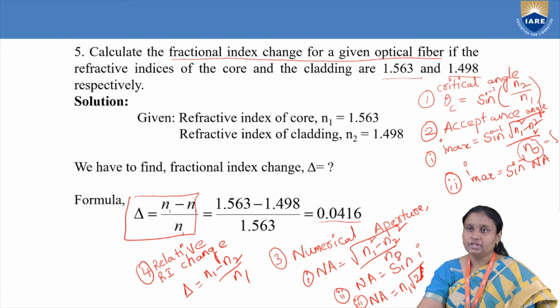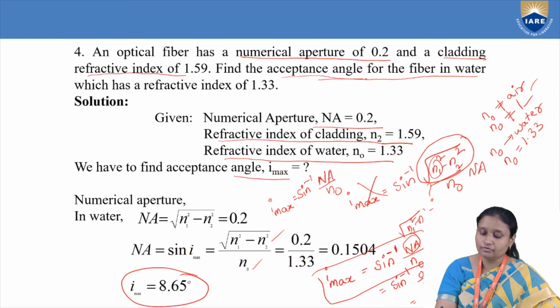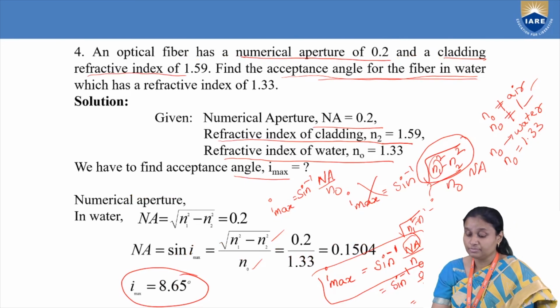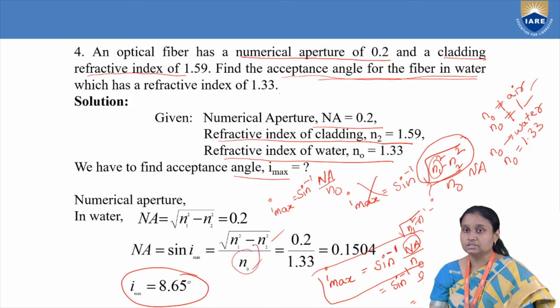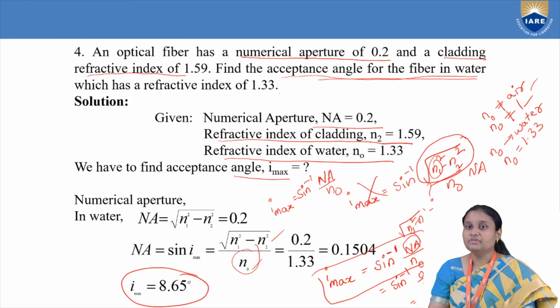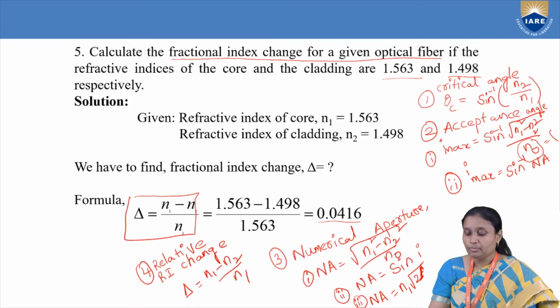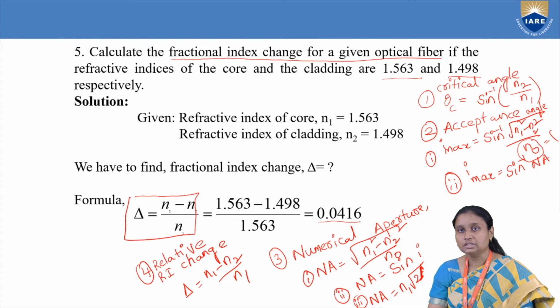And if they mention, like we have seen in our previous problem, the refractive index of the medium in which the optical fiber is kept, then we have to take our n naught into consideration. If nothing is mentioned about the medium in which the fiber is kept, then we have to take it to be the air medium. So depending upon the data given in the numerical problem, we have to select our appropriate formula.